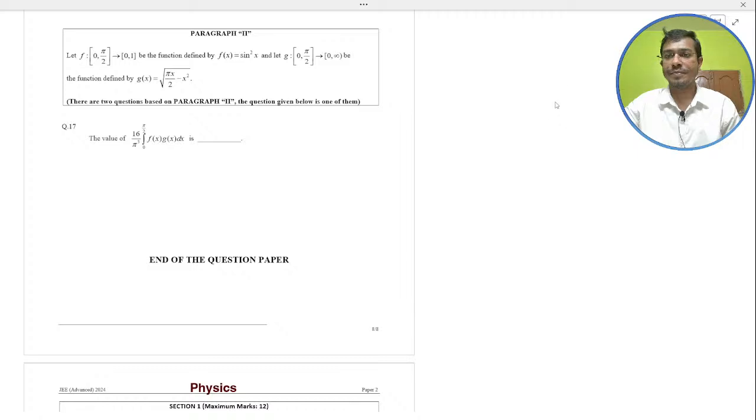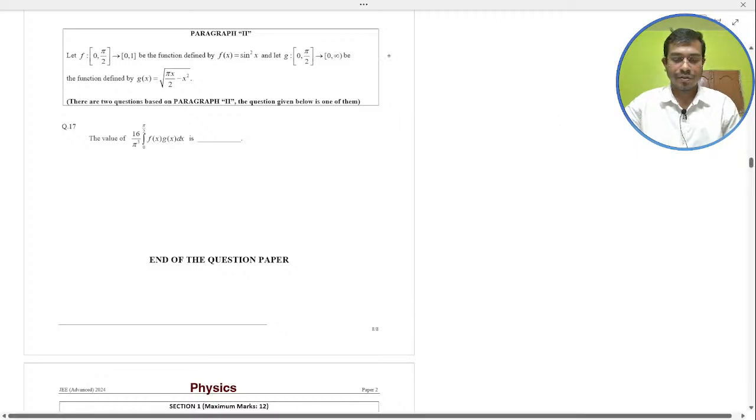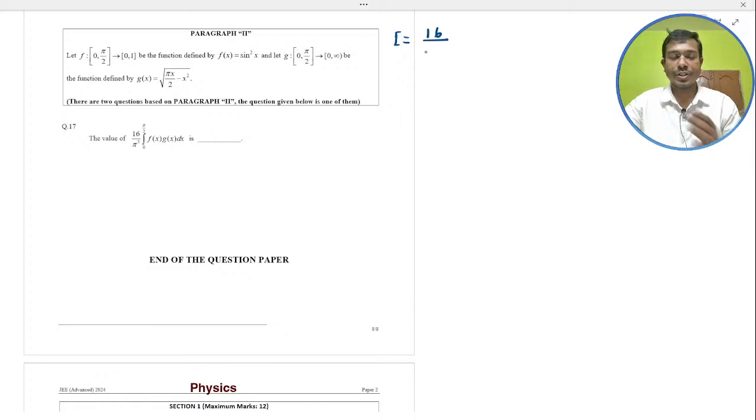Change the pen. So the integral (16/π³) ∫ from 0 to π/2 of f(x)g(x) dx.